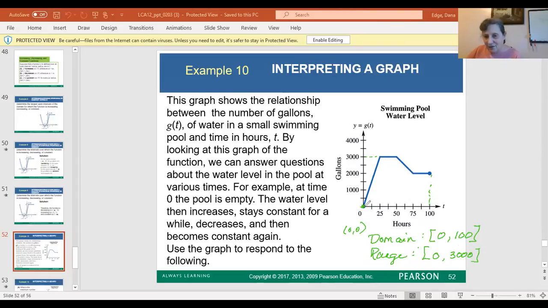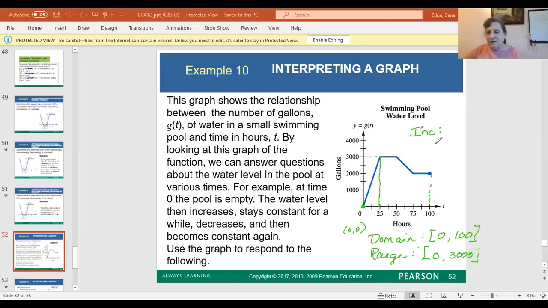Now, it does increase from 0 gallons to 3,000 gallons, but they don't care. When they're asking about the interval where it's increasing, they want to know over what interval of X values the Y values increase. And the X values from 0 to 25.